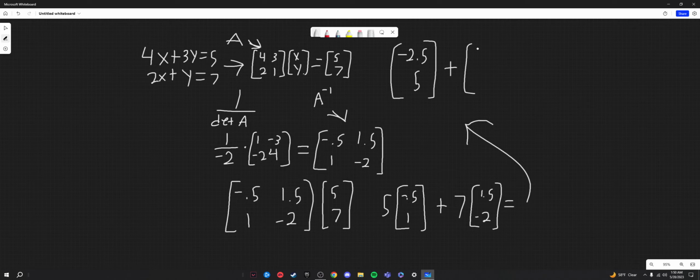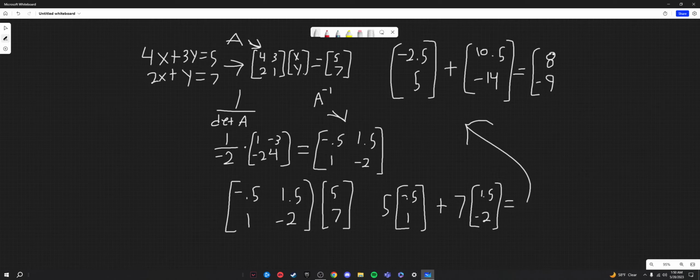So 7 times 1.5 is 10.5, and -14. So now that we've done this, we can just add these two, add the x's, add the y's. This comes out to 8, and the bottom y comes out to -9.